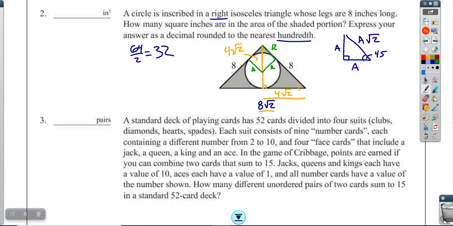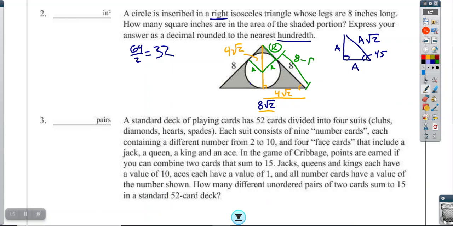And so now I have this kind of cool square, which means that the distance from here to here is going to be 8 minus this piece of the radius that I'm taking out. And so that's 8 minus r.